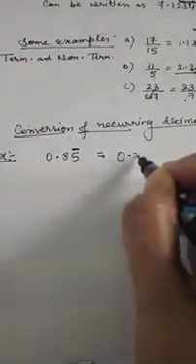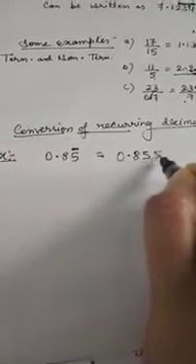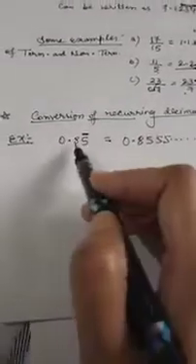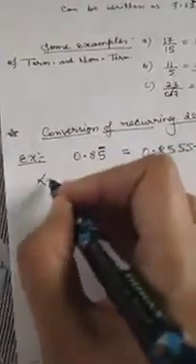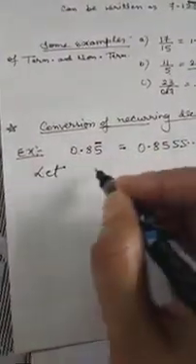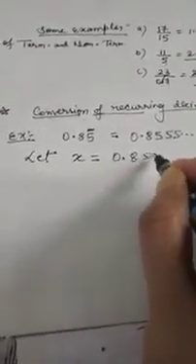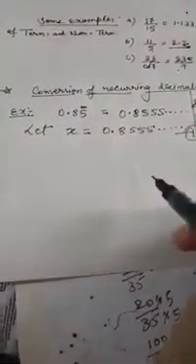Okay, so we can write it 0.8555 dot dot dot, means the bar is above 5, means only 5 is repeating, not 8. First step, first of all you have to let x is equal to 0.8555 dot dot dot. Just mark it as equation 1.